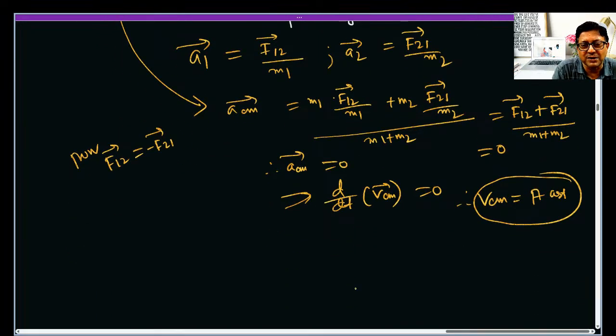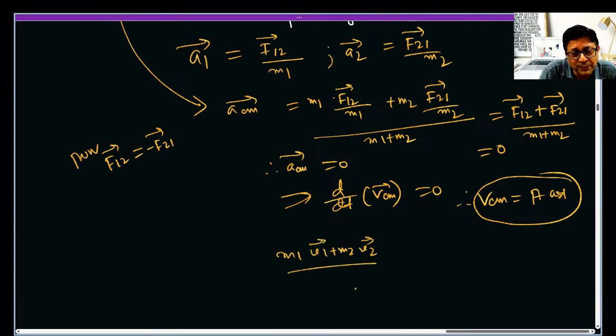VCM constant means what? What is VCM? Tell. VCM value is what? Forgot? M1V1, M2V2, all that, no? You take a two body system, (M1V1 plus M2V2) by (M1 plus M2).